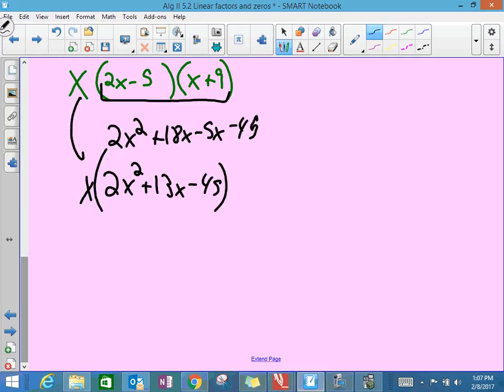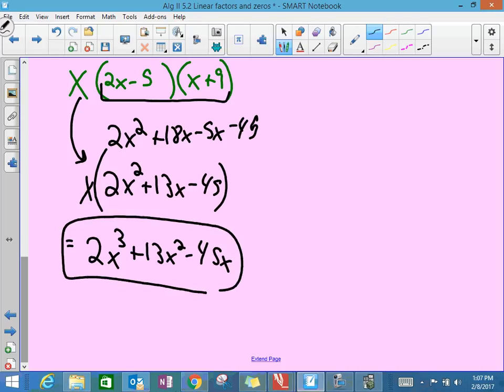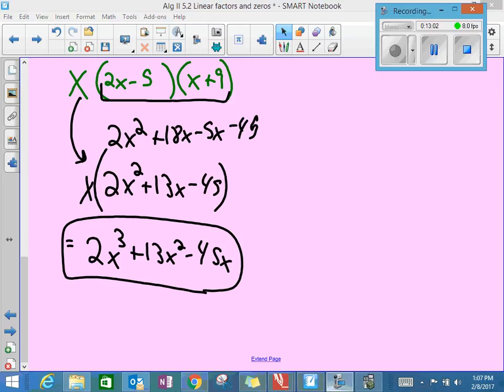And then we bring down our x, and we get 2x to the third plus 13x squared minus 45x. Okay. Questions about that? Okay, very good.